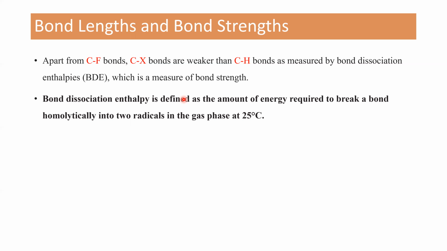Then they have unpaired electrons, and that unpaired electron species is termed a radical, in the gas phase at 25 degrees C, because this is what happens when they are converting into the gaseous phase.